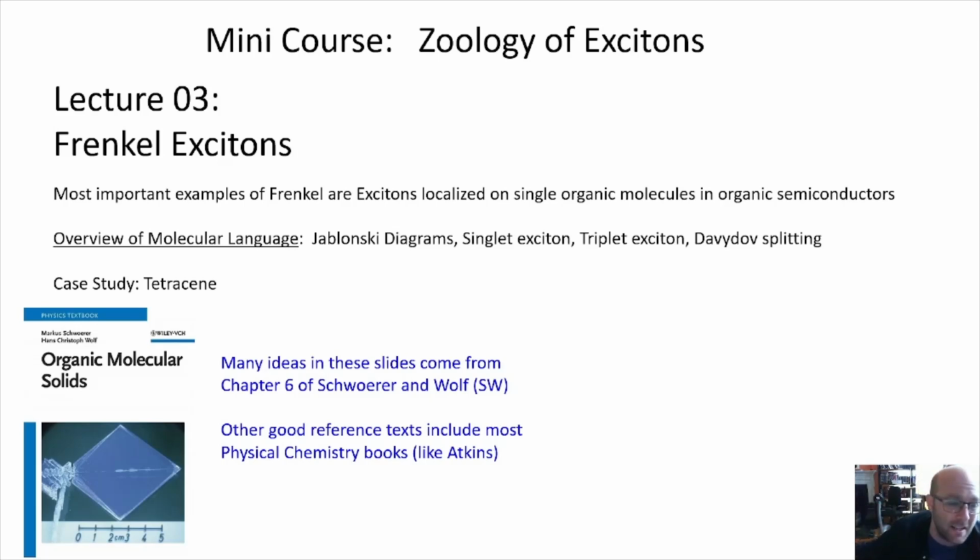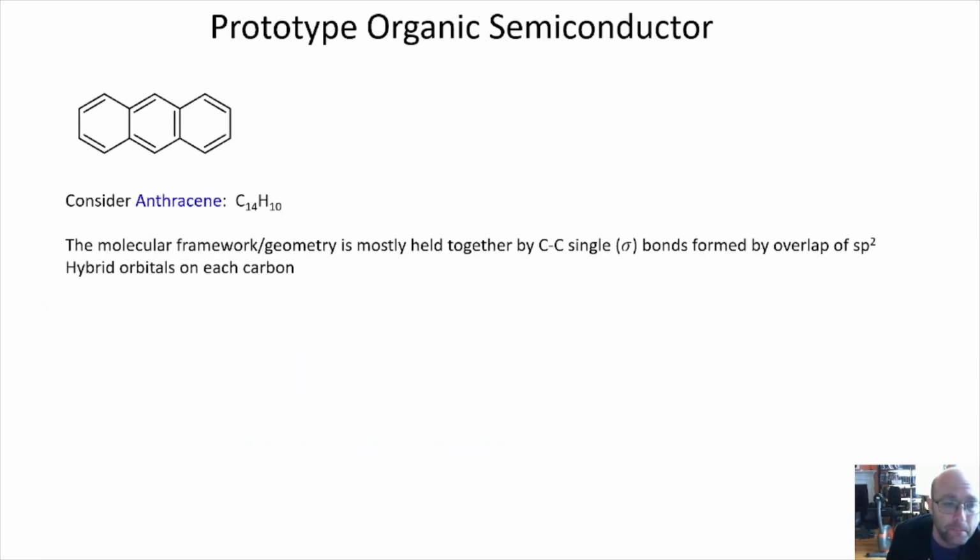And again, if you're a chemist and you've taken physical chemistry, you would probably see a lot of this material in your standard physical chemistry textbook, where you talk about molecular spectroscopy in some detail. So Atkins, I think, is the standard there.